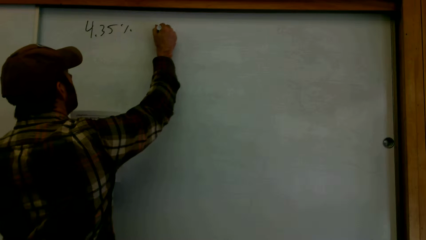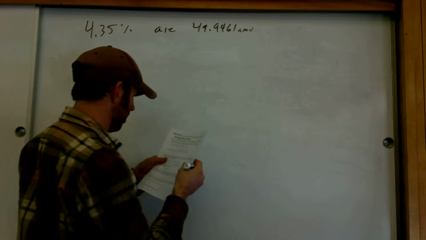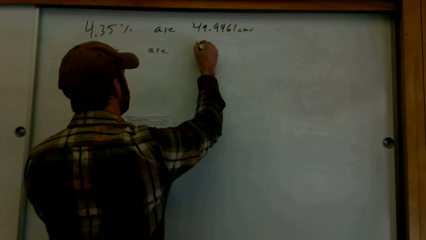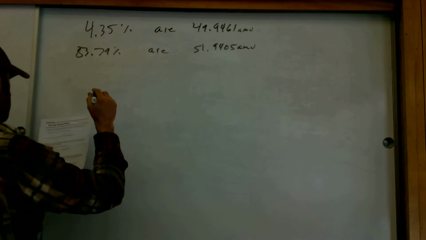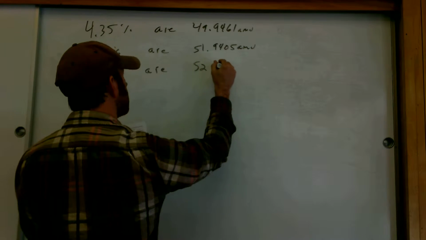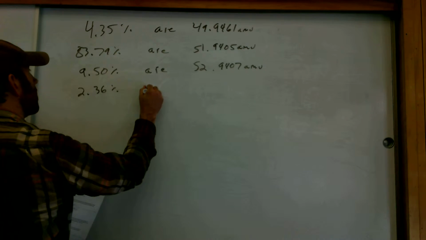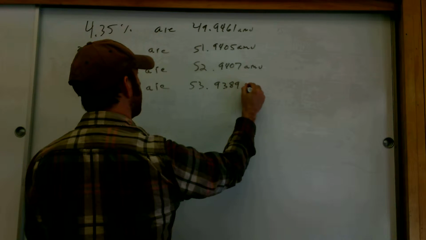In this case, I've got 4.35% that are 49.9461 AMU, 83.79% are 51.9405 AMU, 9.50% are 52.9407 AMU, and 2.36% are 53.9389 AMU.